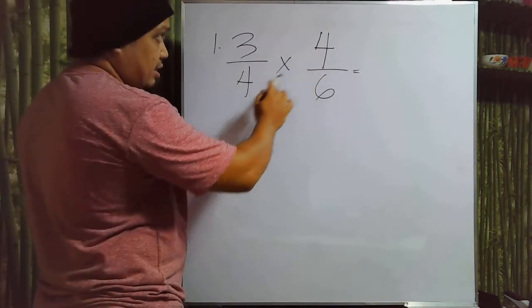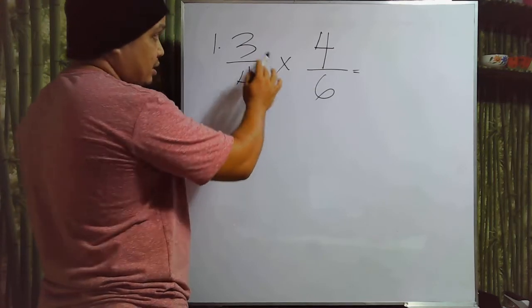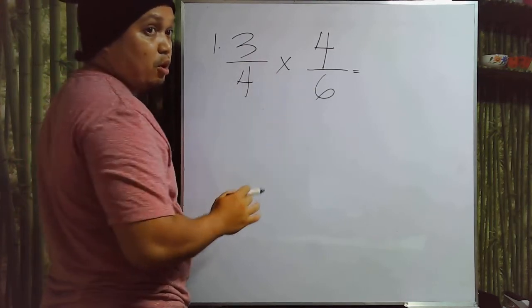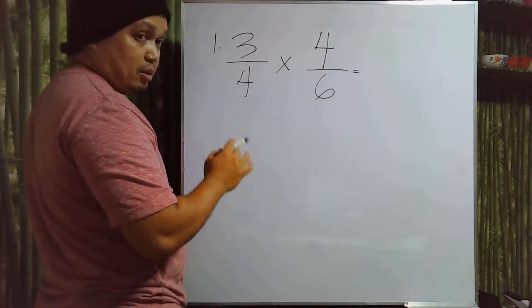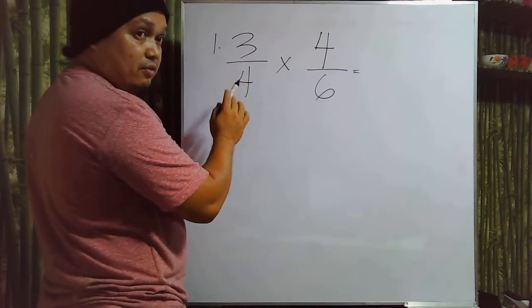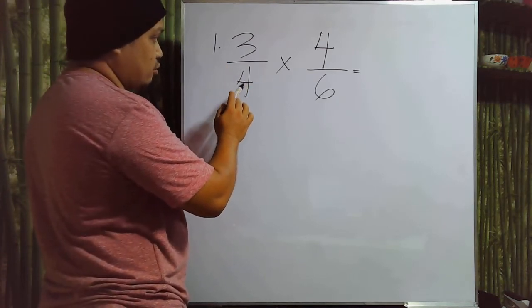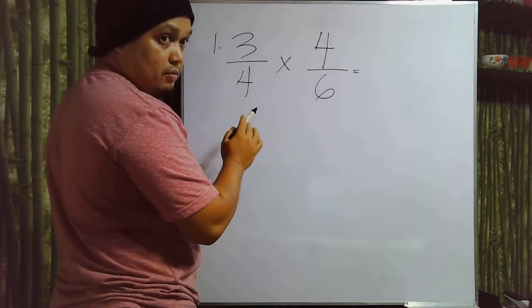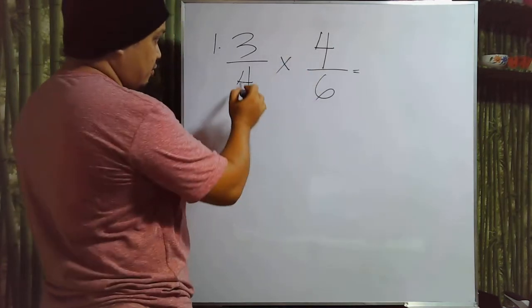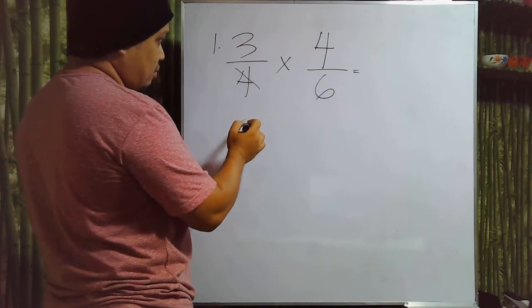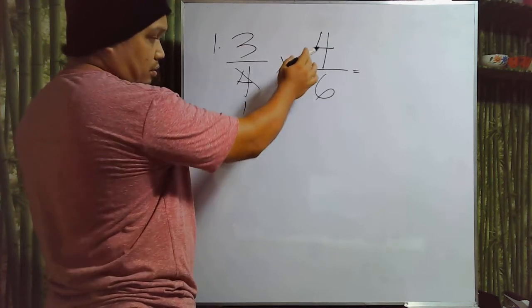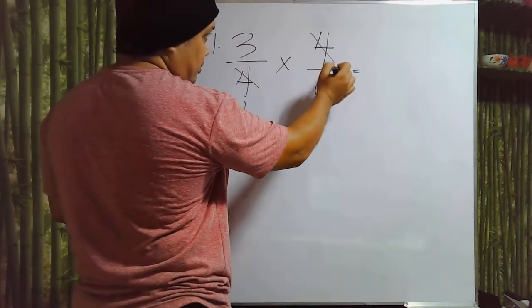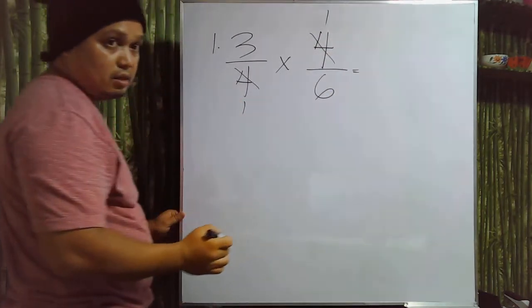Okay, divide them if they are divisible with each other. Like for example 4 here, you can divide 4 to 4 at the same time. This 4 you can divide 4 to 4. Okay, so if you divide 4 divided by 4 is 1, and here 4 divided by 4 is 1. Okay, you have 1.